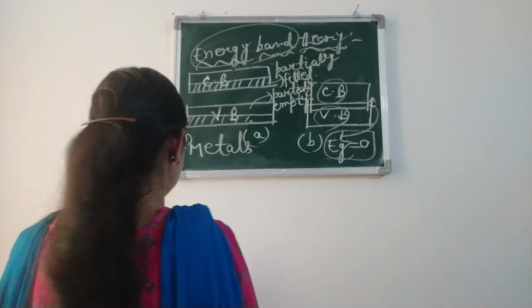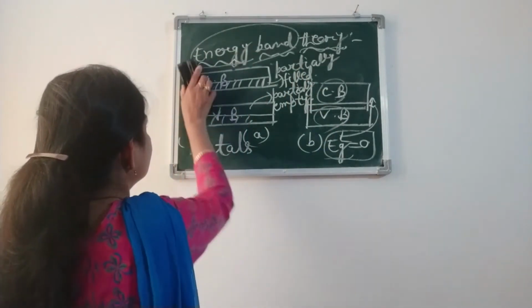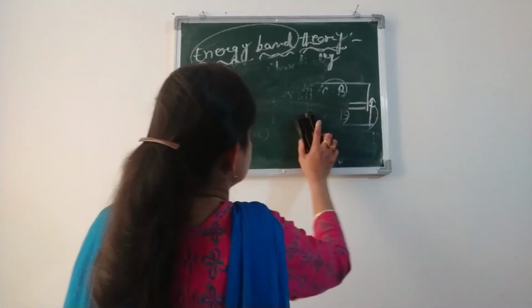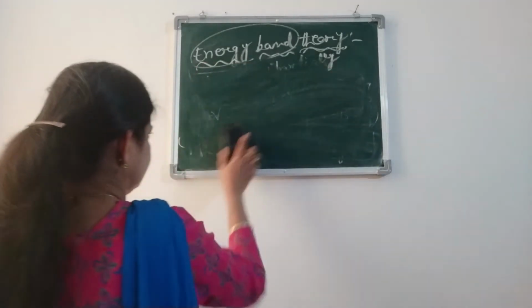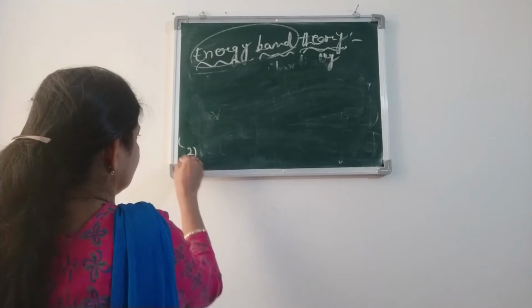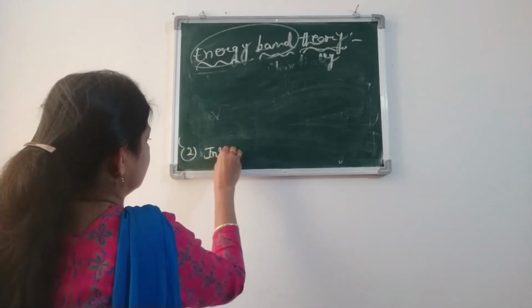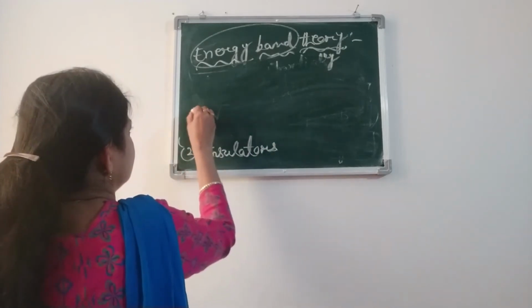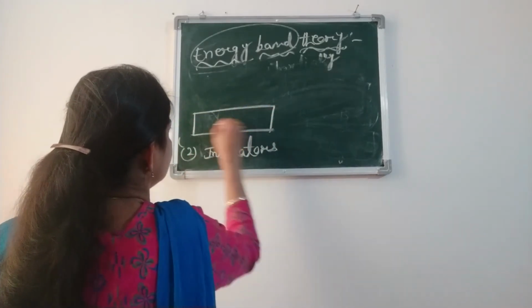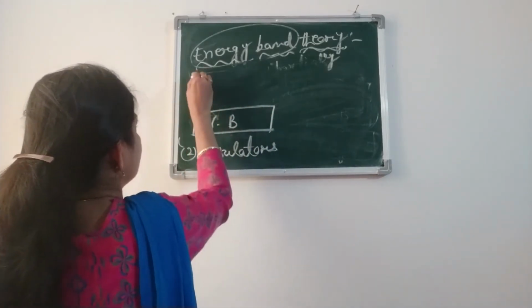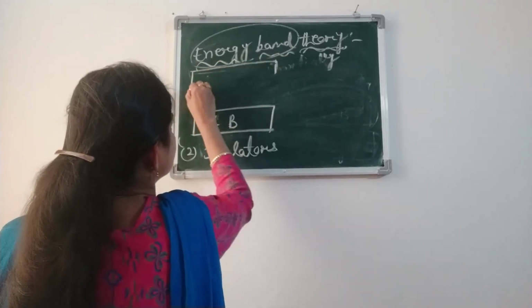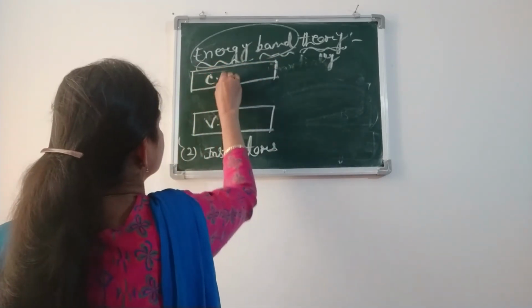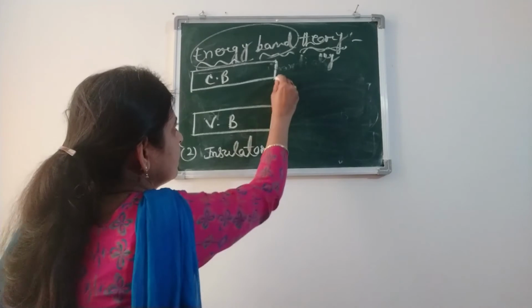Now we will draw for the insulator. Suppose this is the valence band and this is the conduction band.